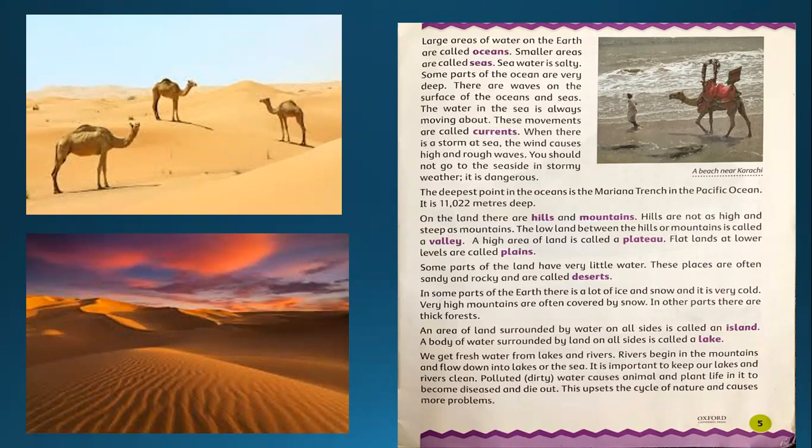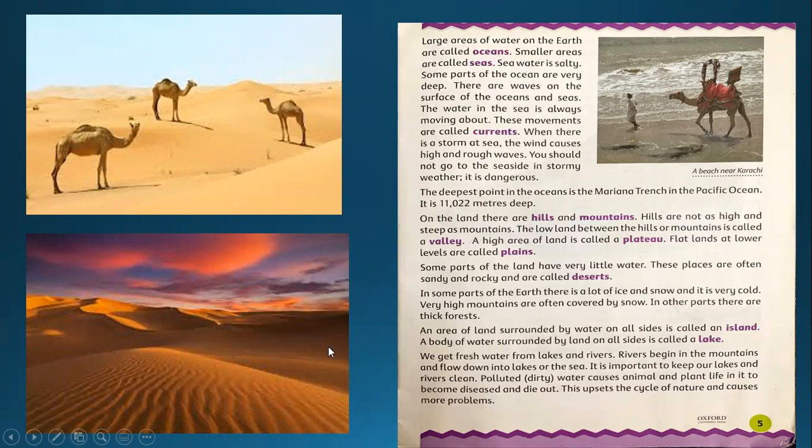In the world, in every continent there are deserts except in Europe. In Europe, there are no deserts. In Africa, we have the Sahara Desert. It is a very large desert. And in Saudi Arabia, the desert is Rub al Khali. It is the desert of Saudi Arabia.